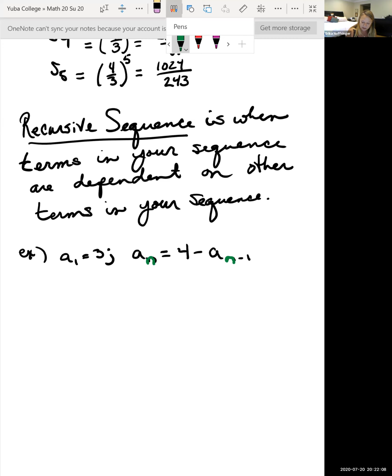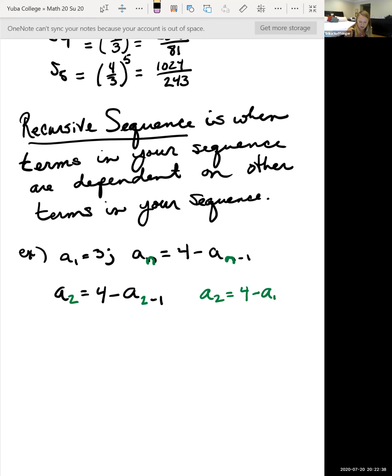So looking at a sub 2, this is equal to 4 minus, now all you're doing is plugging in 2 wherever you saw an n. So a sub 2 is equal to 4 minus a sub 2 minus 1, so this a sub 2 is the same thing as 4 minus a sub 1. But like I said, this recursive sequence is where your sequence is dependent on other terms.